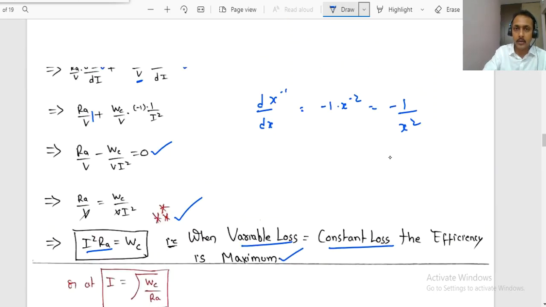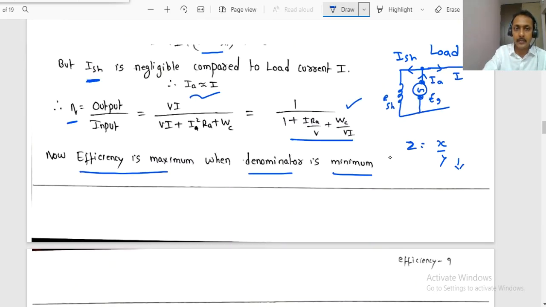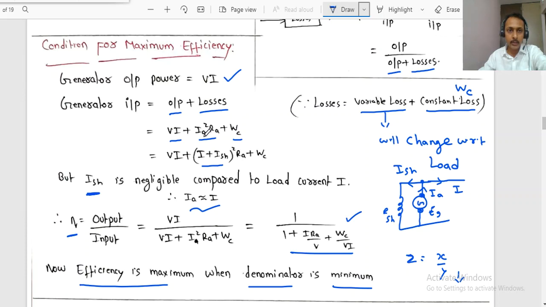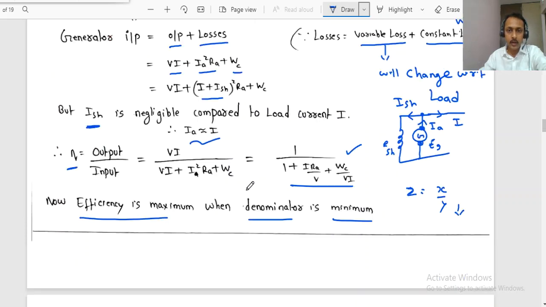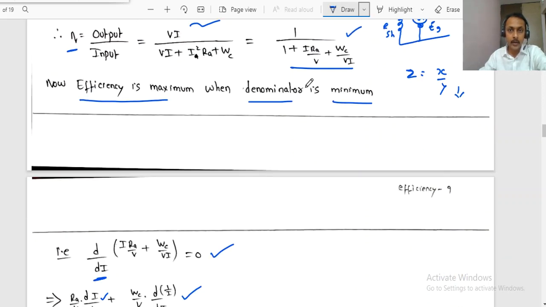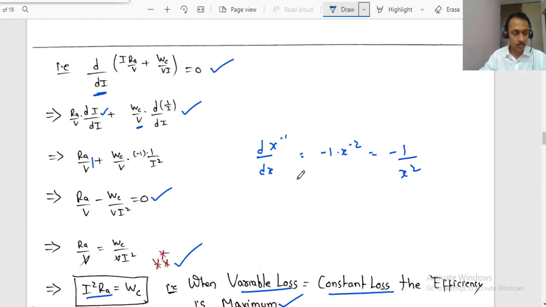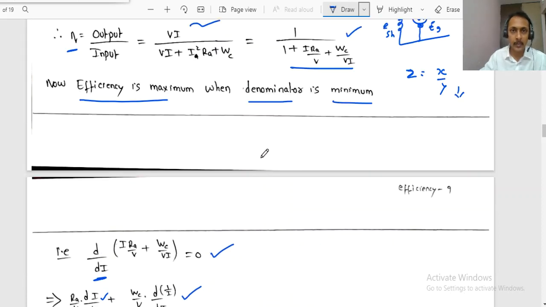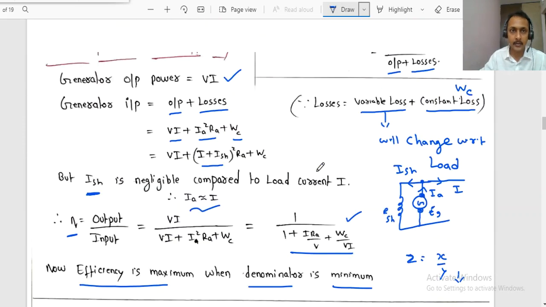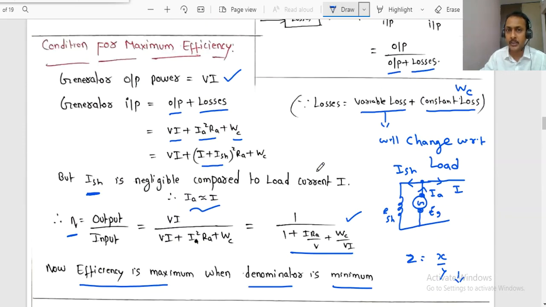How did we get that? Simply by writing the efficiency formula, output power, and expressing input in terms of output, and neglecting shunt current, and making the first derivative of the denominator equal to 0. You will get the condition. Of course, most of the students will not have this condition for maximum efficiency in their syllabus, but for your understanding's sake, quickly I have explained the condition for maximum efficiency.